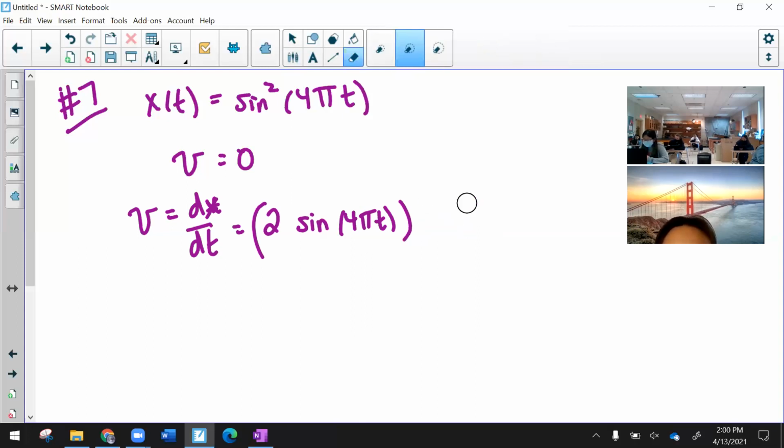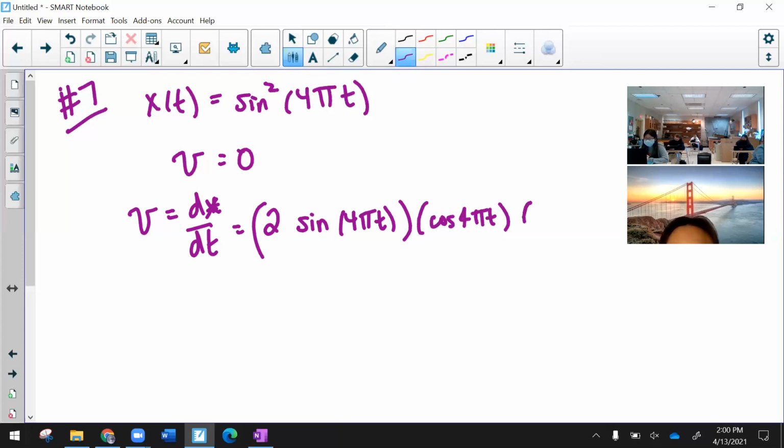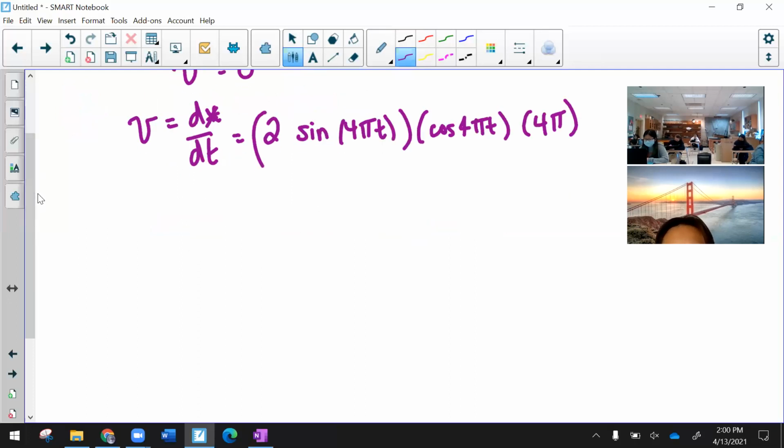I mean, it is true, but I also need to take the derivative of sine, which is cosine 4 pi t times 4 pi. Okay, we good?